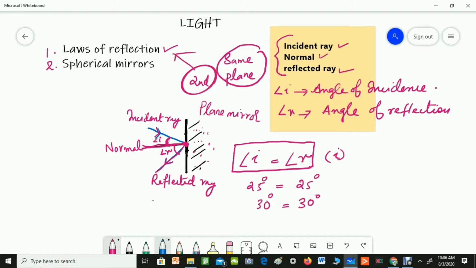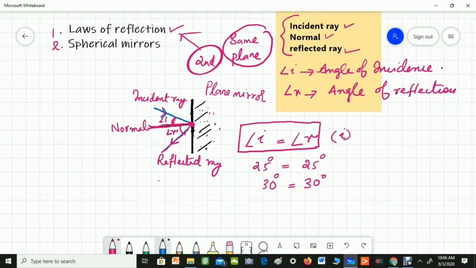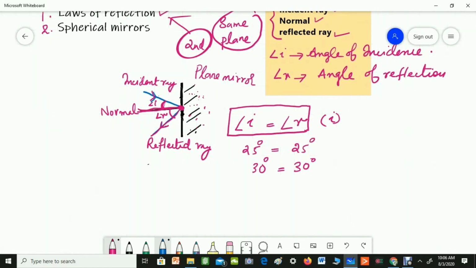So far we discussed two terms, the first law of reflection and the second law of reflection. What is the first law of reflection? It states that the angle of incidence is equal to the angle of reflection.